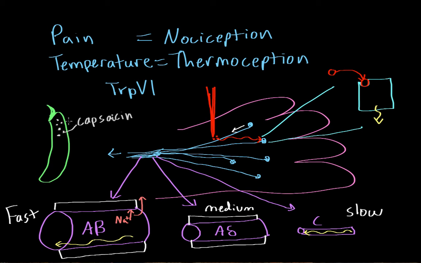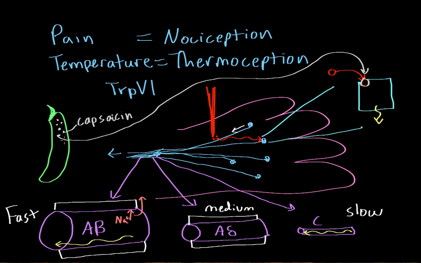The capsaicin exits the jalapeno and binds to TRPV1 receptors in your tongue. When the capsaicin binds, it causes this TRPV1 receptor to fire an action potential, which reaches your brain, and your brain interprets that as pain and also as heat.